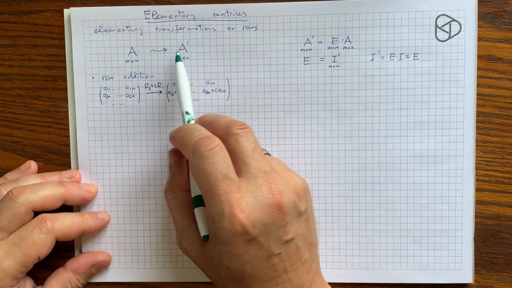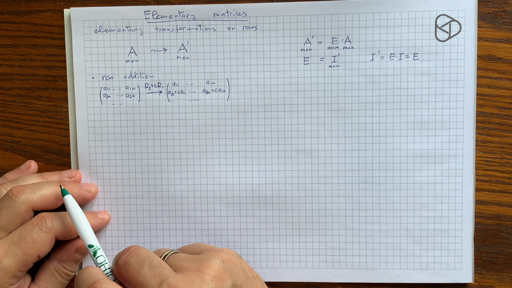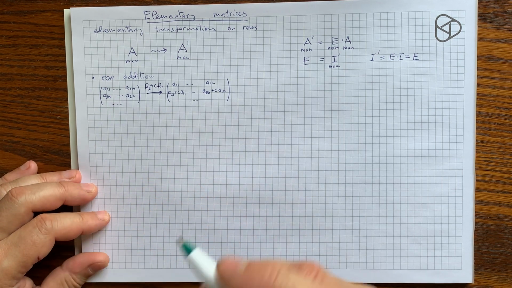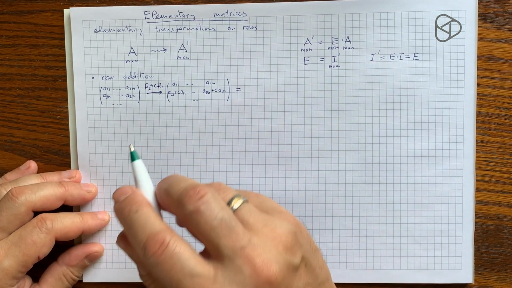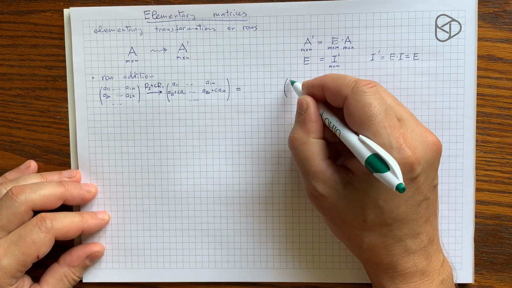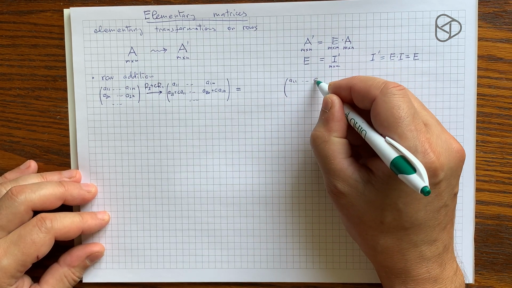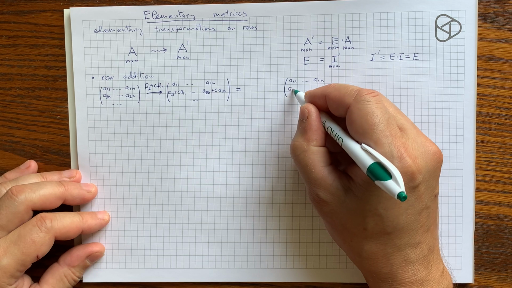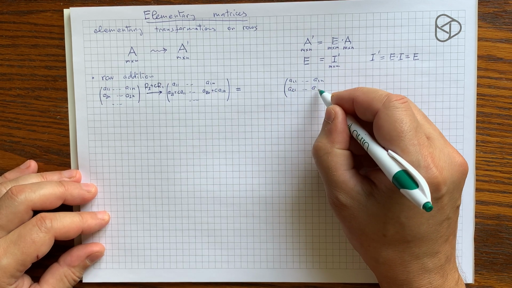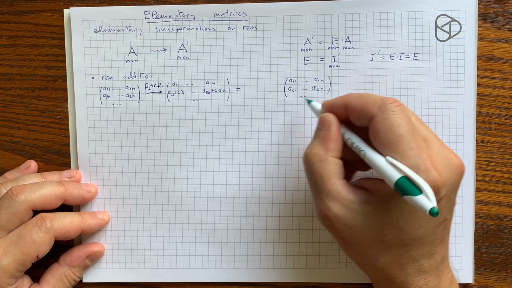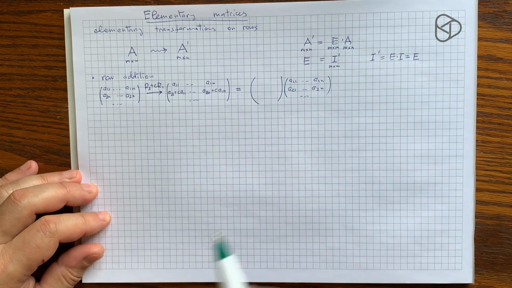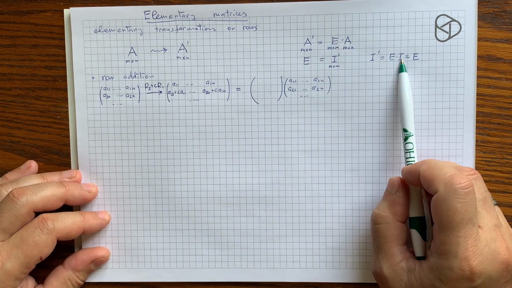And that is this result of transforming under this row addition transformation. So now we're going to write it as a product, again, of the original matrix and this elementary matrix.